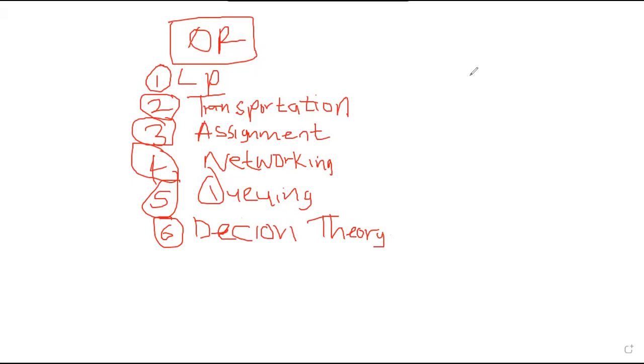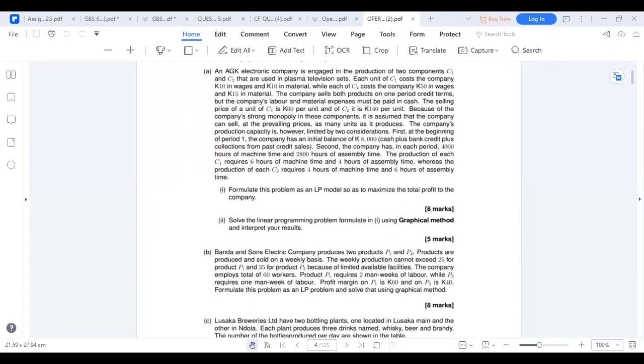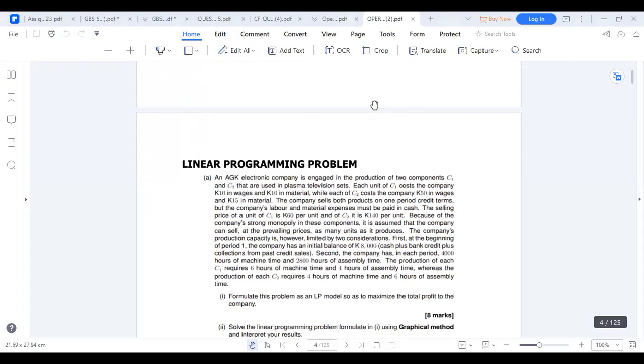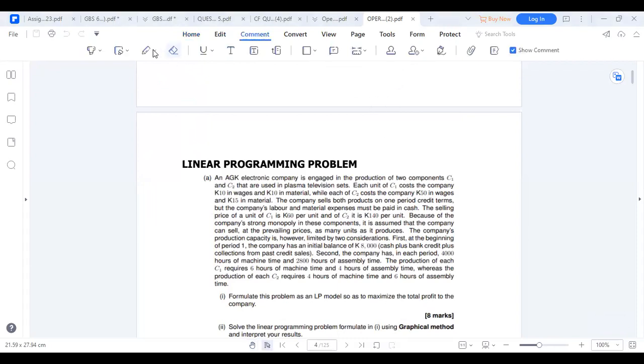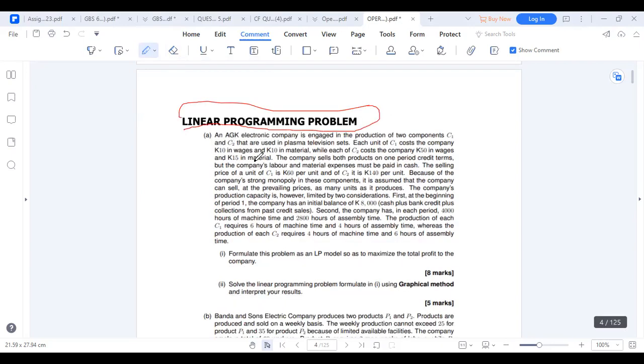Okay, so we have the question here. This question is talking about the LGK electronic company. LGK electronic company is engaged in the production of 2 components.